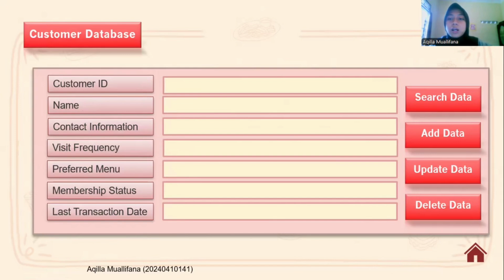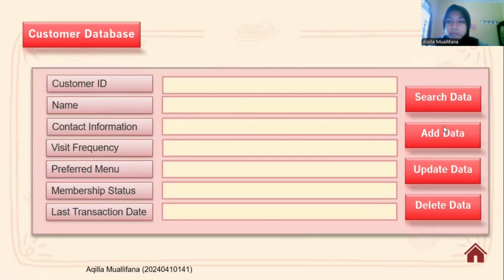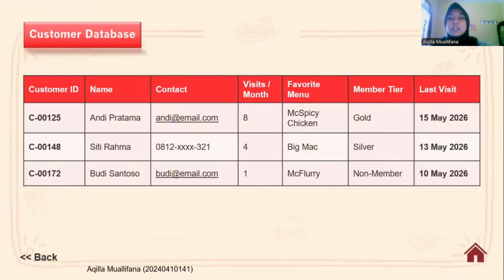For example, if users want to add new customer data, they first fill in the required information and then click add data. After the data is entered, the system processes and stores it in the database, allowing it to be searched, updated, or deleted as needed.